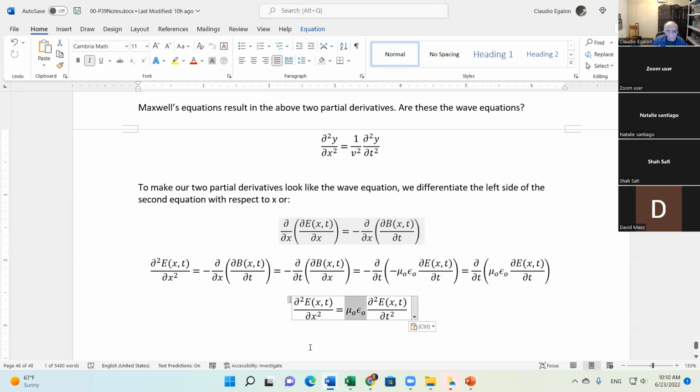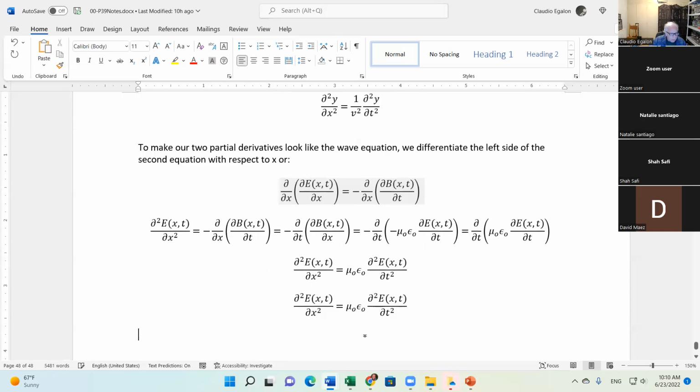When you calculate that, you do get the speed of light. Actually, it's the inverse of the square of the speed of light, which ends up being exactly the wave equation.